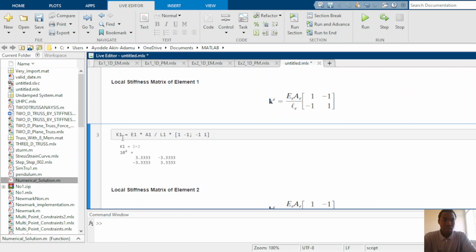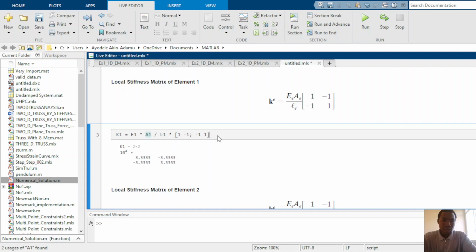So K1 here denotes my local stiffness matrix for element 1, and is equal to E1 multiplied by A1 divided by L1, multiplied by this matrix. E1 is the Young modulus of element 1, A1 is the cross-sectional area of element 1, and L1 is the length of finite element 1.